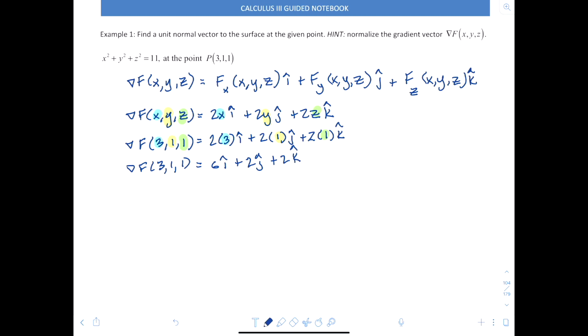So we basically just want to find del f at 3, 1, 1 divided by the magnitude of del f at 3, 1, 1.